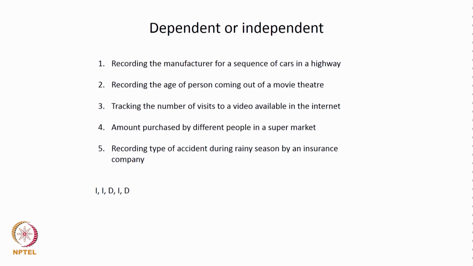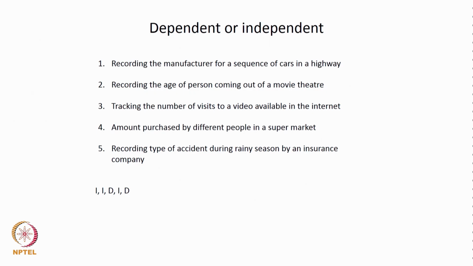But by and large, if we assume that people of any age group go to a movie, then it is independent. Tracking the number of visits to a video available on the internet can be dependent, that would depend on an earlier visit and so on. Amount purchased by different people in a supermarket does not depend, so it is independent.